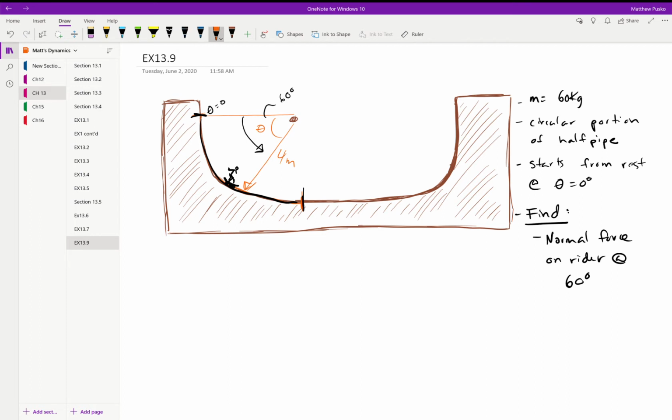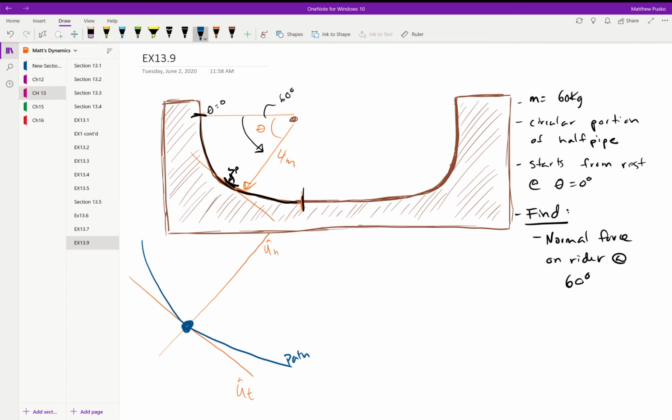Okay, so first thing, let's make a free body diagram. So this is going to become my unit tangent direction at some point on the path. It doesn't have to be 60. Perpendicular to that, we have a normal component. And so here's our path then. Alright, our mass is right here.